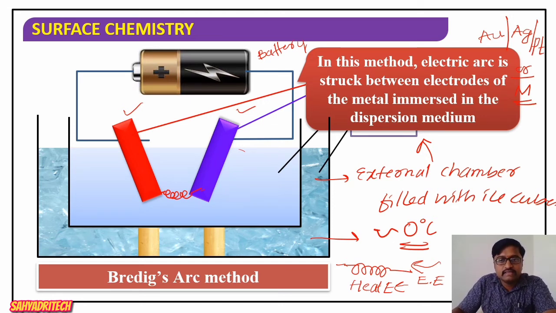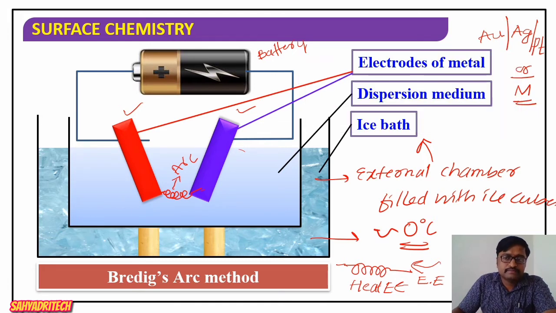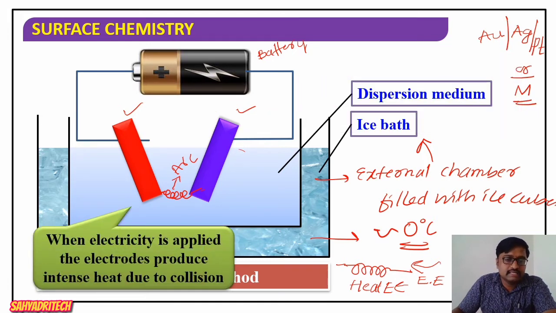In this method, an electric arc is struck between the electrodes of the metal immersed in a dispersion medium. Now, when electricity is applied, the electrode produces intense heat due to collision.